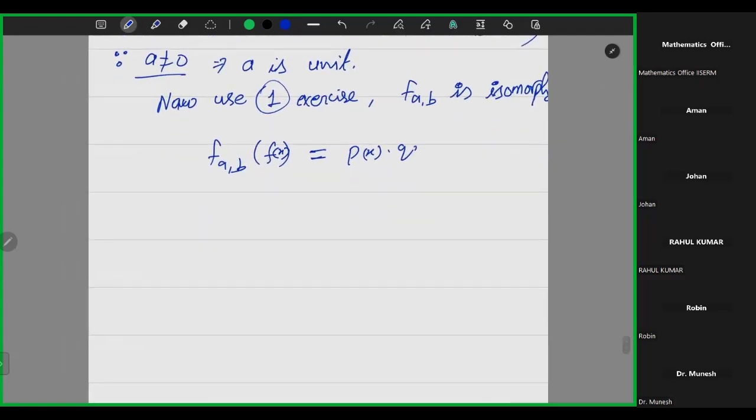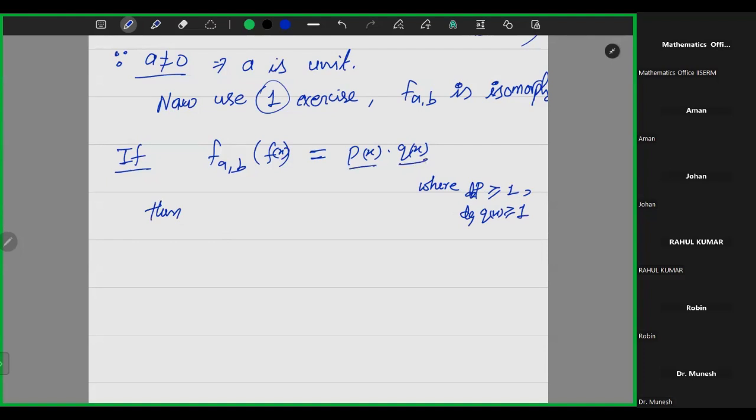f_ab(f) is written as p(x) times q(x), where the degree of p is bigger than or equal to 1, and the degree of q(x) is also bigger than or equal to 1. Then what happens?